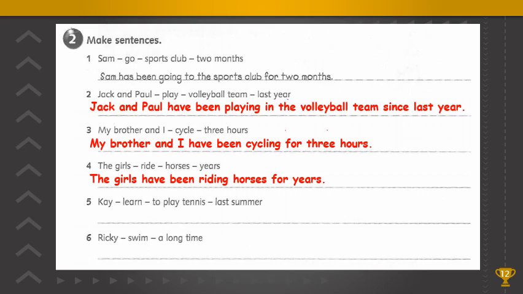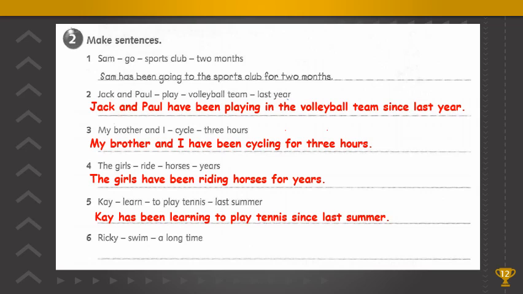Now, let's go to sentence 5. Kay learned to play tennis last summer. So, if you were to construct the sentence, how would it be? So, Kay is the subject, alright? Kay has been learning to play tennis since last summer.